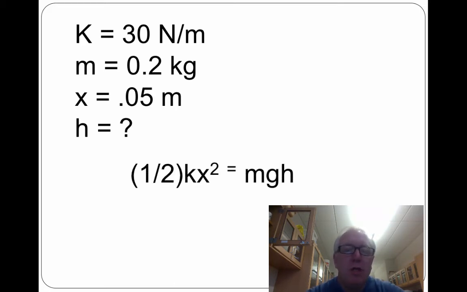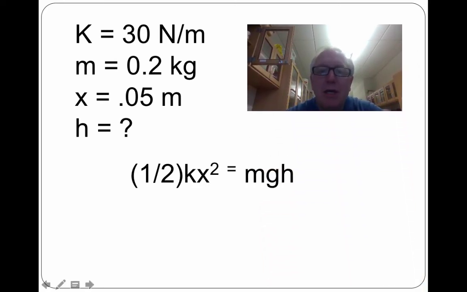Now what I'm doing here is I'm showing the idea that the energy at the beginning is equal to the energy at the end. So when it reaches its high point, at that moment its speed is 0, and that means that it's all gravitational potential energy, right? So that means that at the beginning it was all the potential energy of the spring, and then at the end, it was all gravitational potential energy.